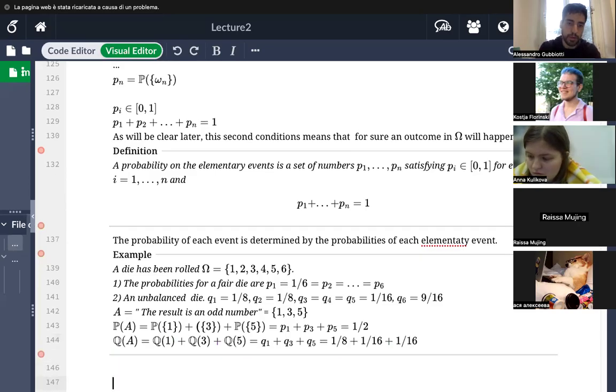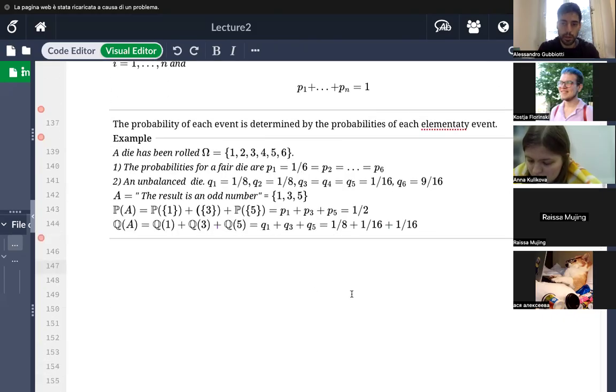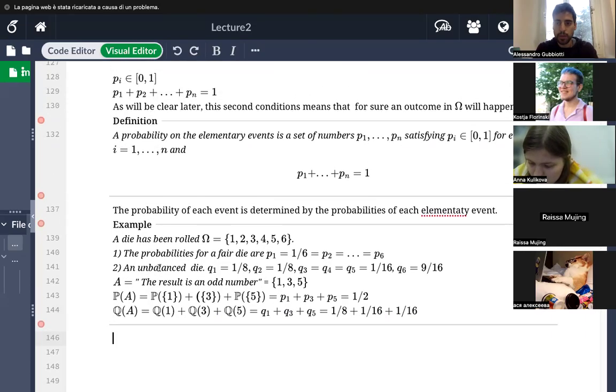But the procedure is clear. So we take an event, we look at the elementary events that compose this event, and then we can compute the probability of this event.